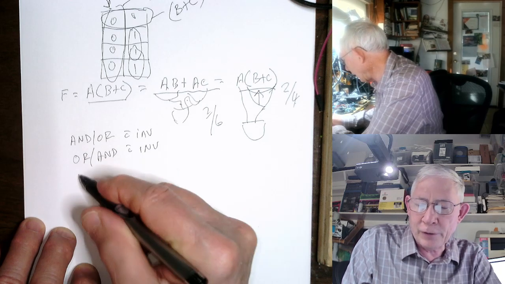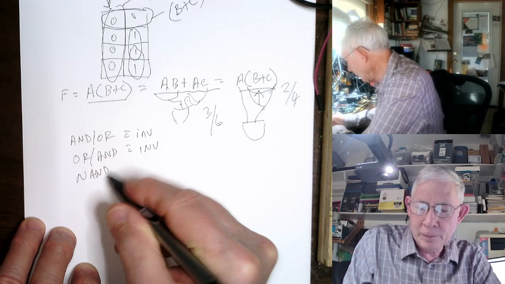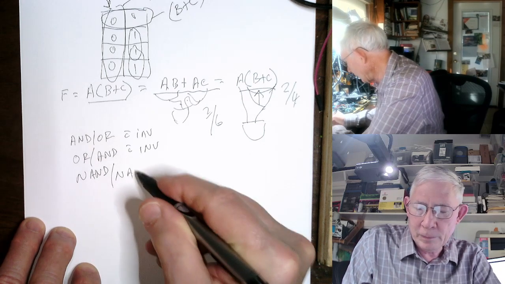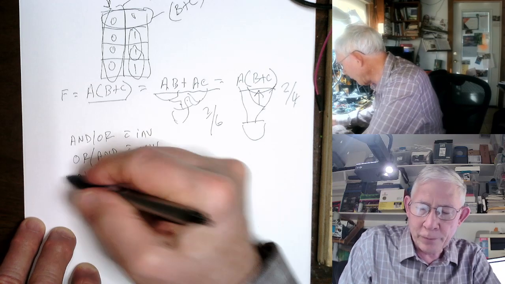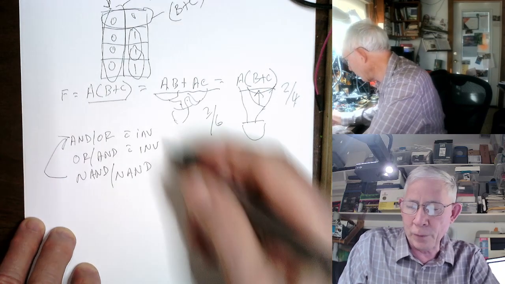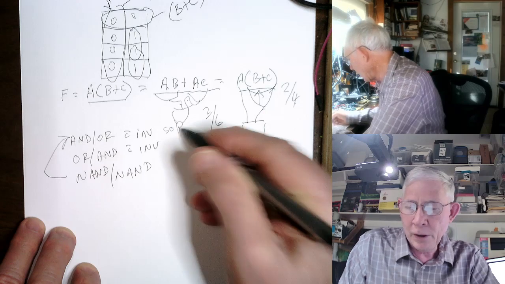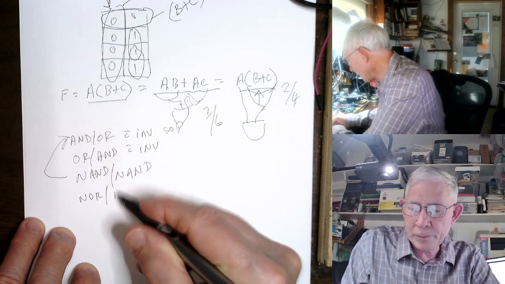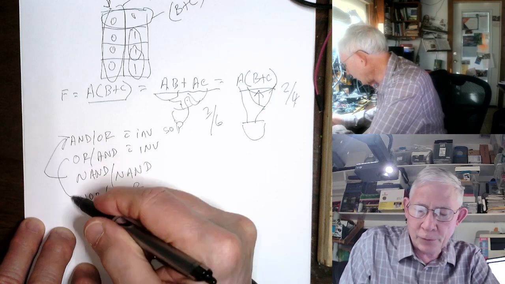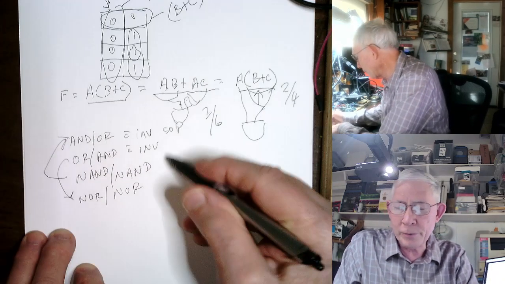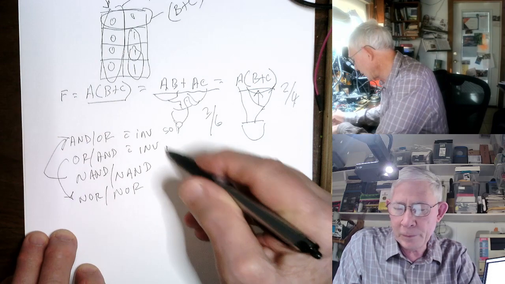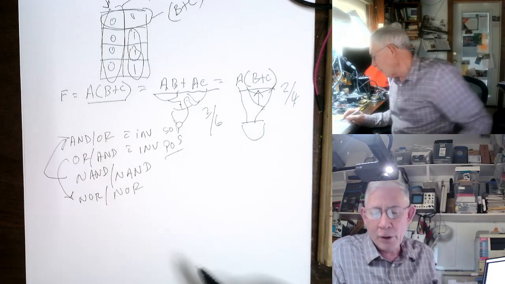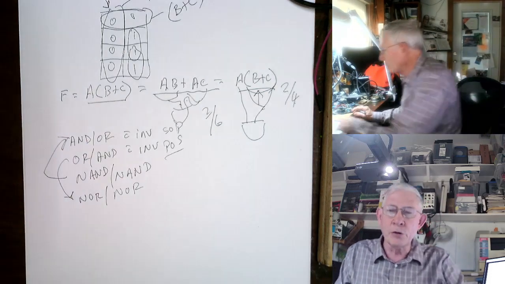Then you can have NAND, and that comes from our SOP form. So this is SOP, and then we have NOR, and that comes from our POS. All right, so those are the 4 commonly used ones.